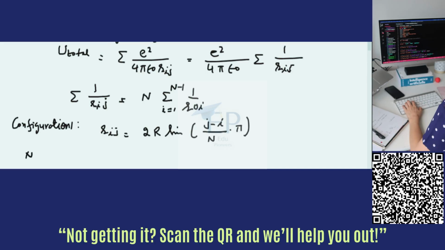So n by 2 summation i is equal to 1 to n minus 1 of 1 upon R0i having the value n minus 1 upon i is equal to 1 into 1 upon 2R sine of (j minus i) upon n into pi.